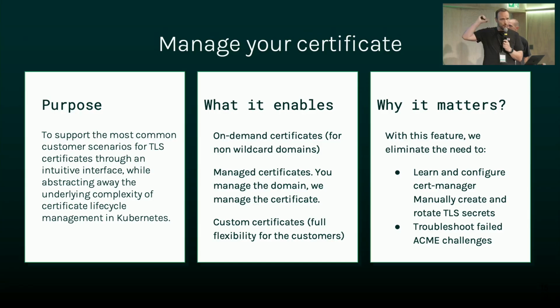I will show you that in the last video. It's a simple checkbox in the ingress, and then the cockpit will operate everything for you behind the scenes. But what I'm going to show you now is the managed certificate and the custom certificate, right? Because the on-demand certificate does not work for a wildcard domain, when you want to use a wildcard domain, you have to use one of those 2 solutions.